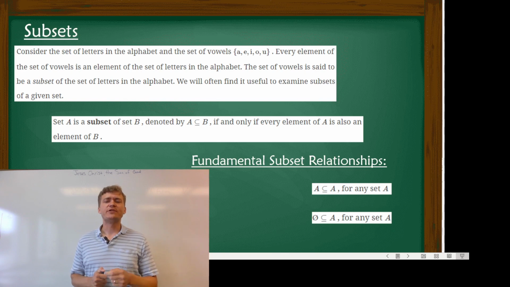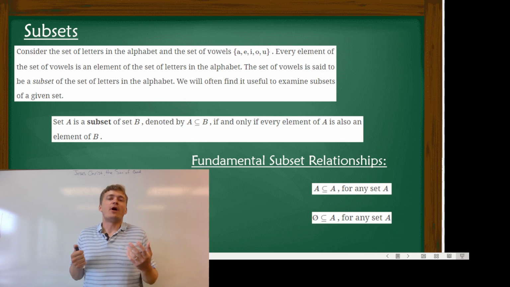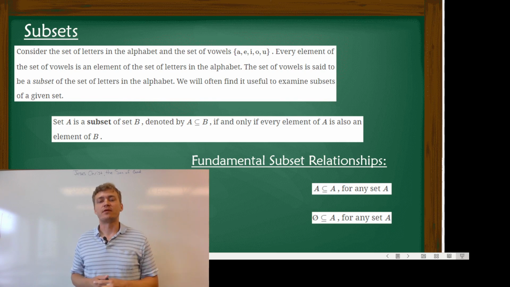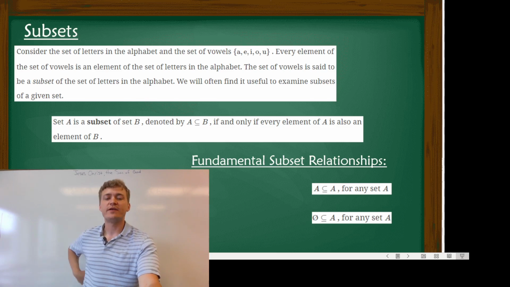And then lastly here, notice the notation, it says that the empty set is a subset of A. In other words, for any set, however you want to define your set, the empty set is always considered a subset, because we can always find nothing within something. No matter how you define your set, the empty set will always be a subset of that set.